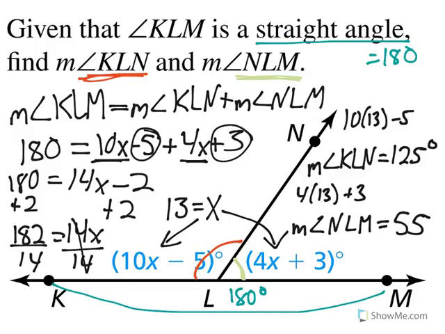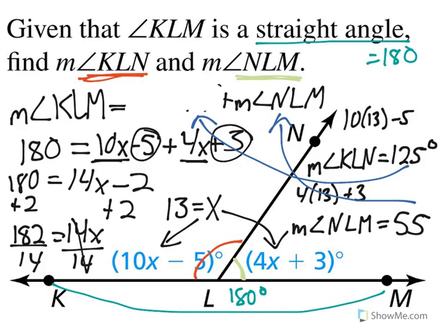So one thing I can double check is I can plug these back into my angle addition postulate to show whether or not it would actually work. So going back to this original formula, if I were to plug that in, I could take away this part, and instead I'm going to plug in my 55 plus my 125.